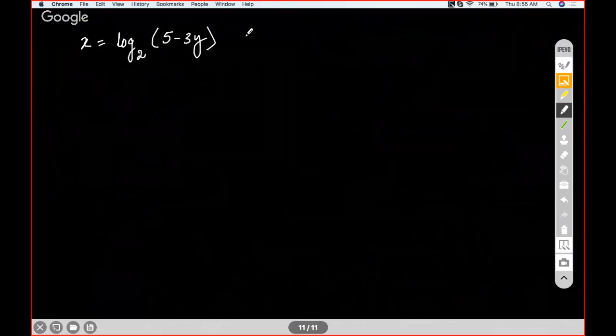My graph would sort of be like this. Okay, so it would be like that. It would cut the x-axis at x equals 1.